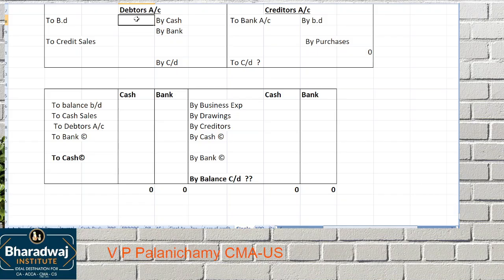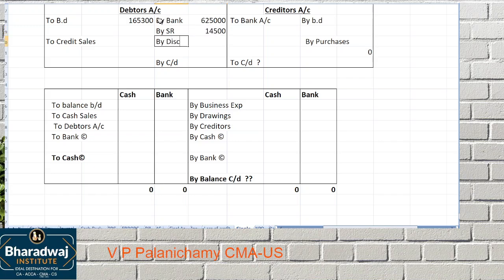Tell me the entries in the debtors account. What is the opening balance? 1,65,300. Then, any cash collected from debtors? It is given by bank. What is the cash collected? Check collected 6 lakhs 25,000 is given. By sales returns, how much is given? 14,500.